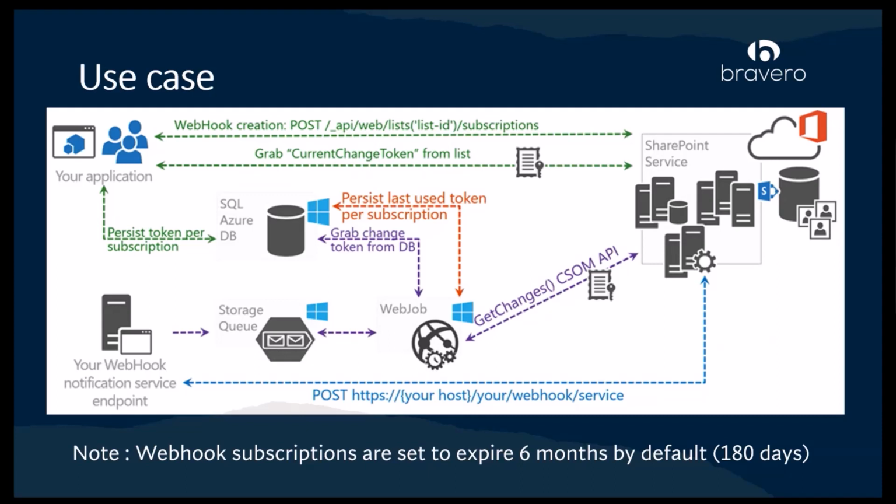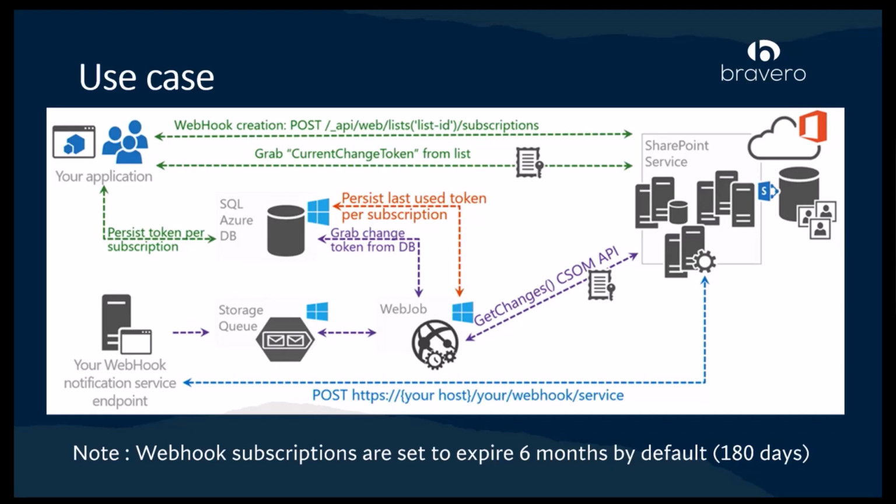The function URL is then added as a webhook subscription to the intended lists or libraries. This function will be triggered whenever there is a change in the lists or libraries. Once it is triggered, the function will receive the notification from SharePoint and process the notification.